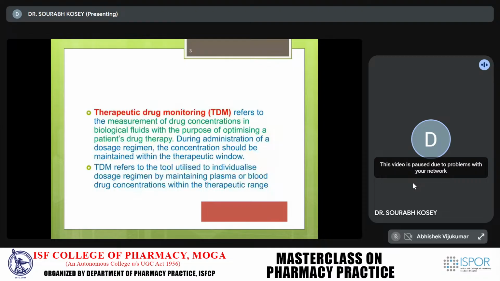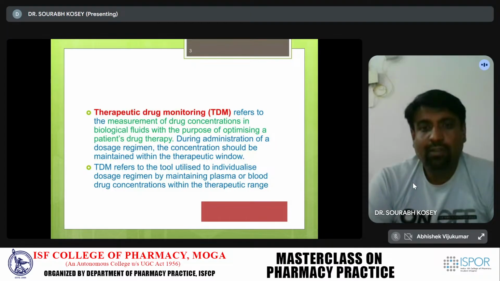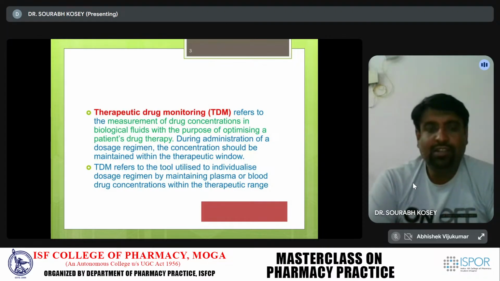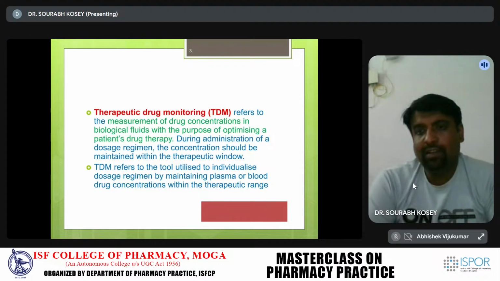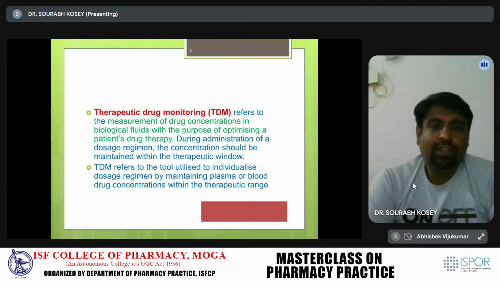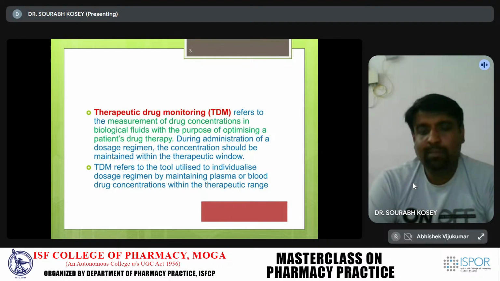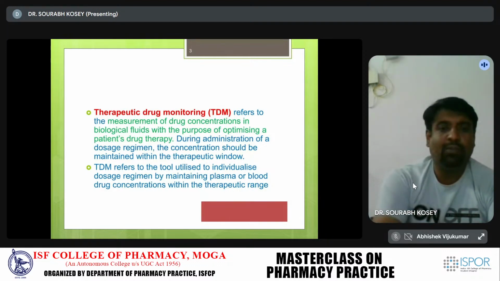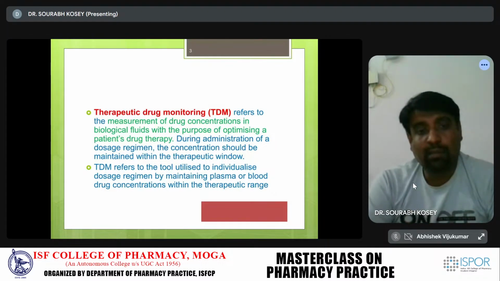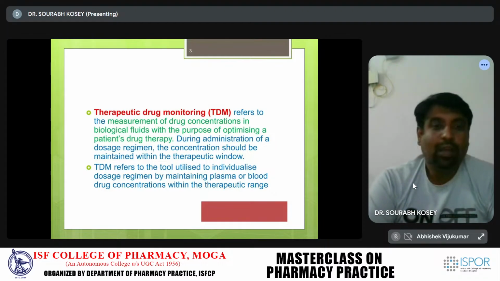Therapeutic drug monitoring refers to the measurement of drug concentrations in biological fluids with the purpose of optimizing a patient's drug therapy, and during administration of a dosage regimen the concentration should be maintained within a therapeutic window. TDM relates to the half-life as well as the dose, with an individual personalized profile covering the amount of blood, the amount of medicine, and the time.